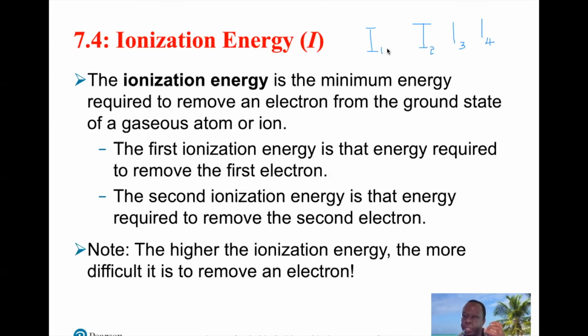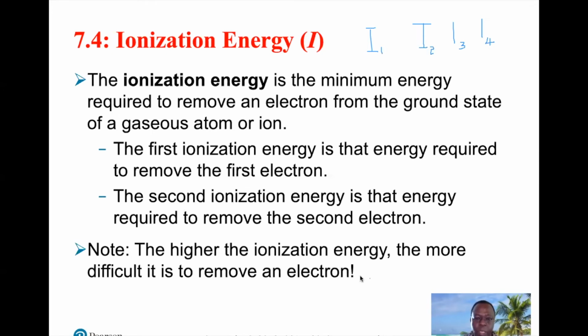To remove the next electron from now the sodium ion, which is the second ionization energy, it is more difficult because the more positive or the more nuclear charge we have, the more difficult it is to remove an electron from an already ionized species. It is a cation. Remember, we are all ending with cations, because removing an electron, we end up with a positive species.